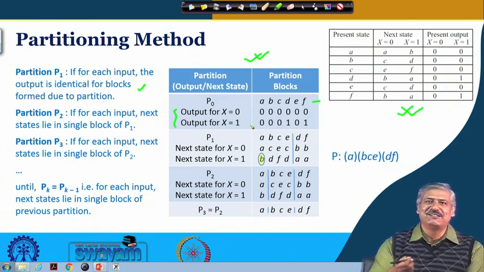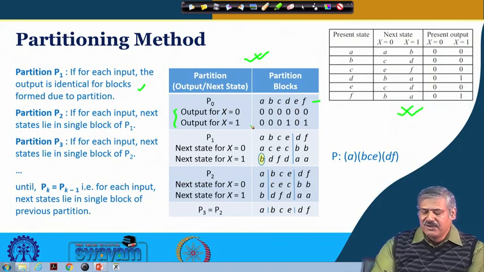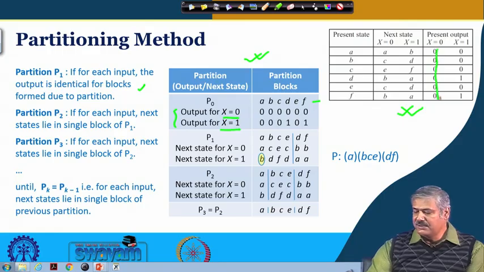It is the same thing as we saw before for the implication table, but in a different form of presentation. So the output is 0 for all the cases here, and the output is 1 for D and F. Is it fine? You can see that.